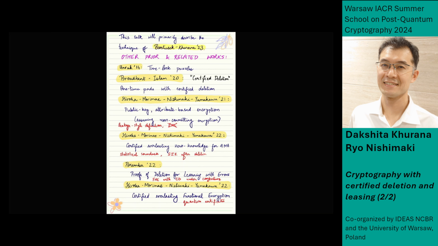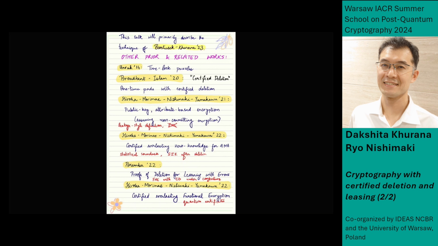We achieved public key encryption with certified deletion and attribute-based encryption with certified deletion by using a technique of non-committing encryption. However, the security achieved in this work is a little bit weaker than the security notion I explained at the beginning of this talk.